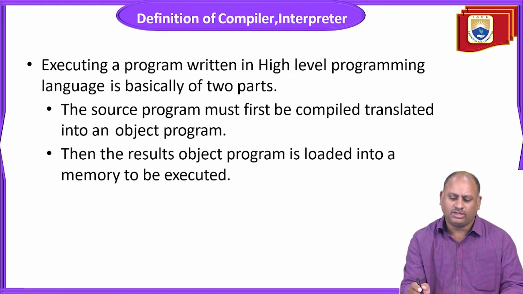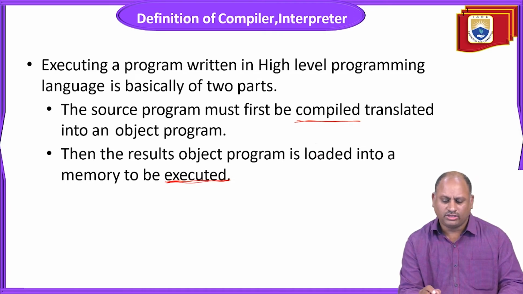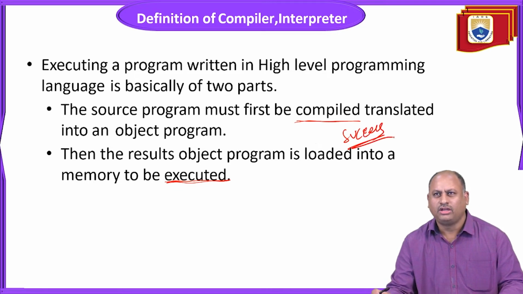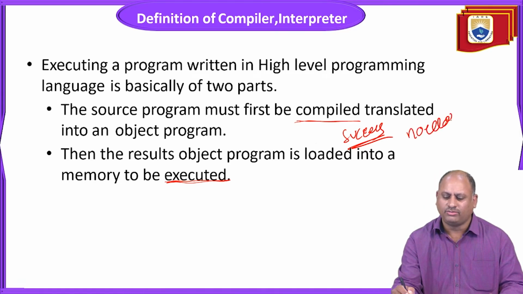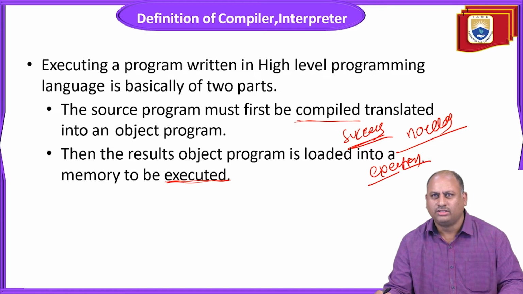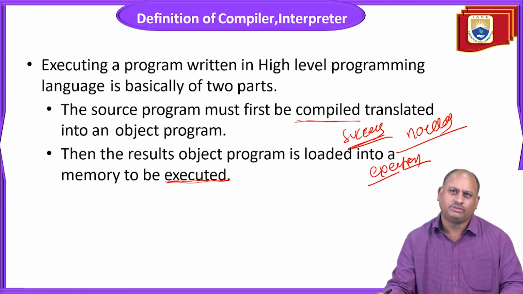That means compilation takes place first, and the program stays in the hard disk after compilation succeeds without errors. That means there are no errors in the program, and then the next phase is execution. If no errors occurred, we can expect that some output is displayed.